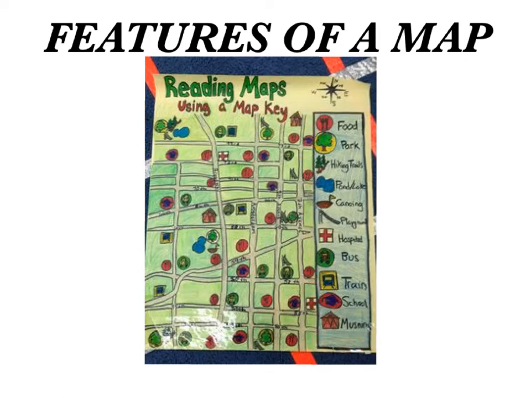A legend tells us what each of these symbols in the map are, because we don't want to write food in the middle of that map because it's going to take up too much room. So instead of writing the word food, we use a symbol that could be used as food. On the map there, the symbols are quite small, but if you look closely, you'll be able to see that these little red ones here are in fact all little food spots on that map.